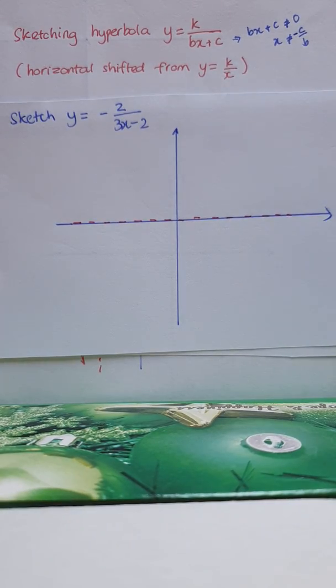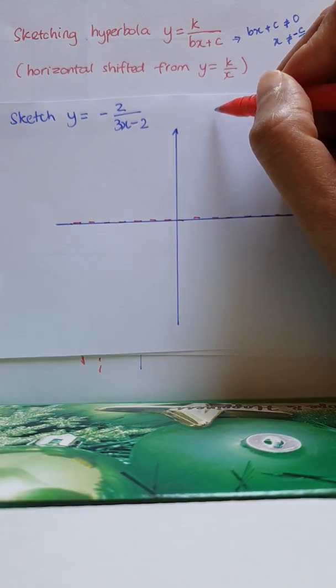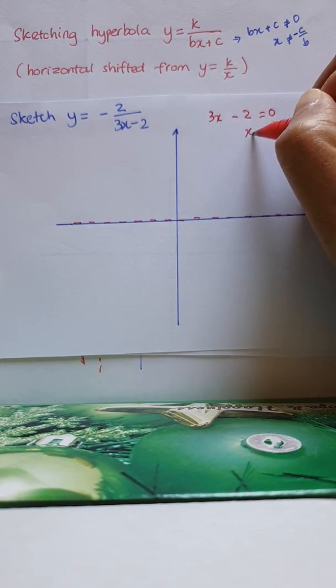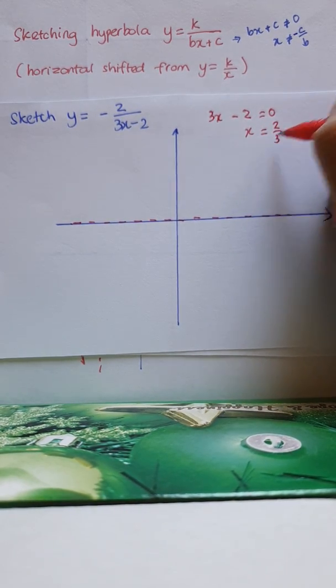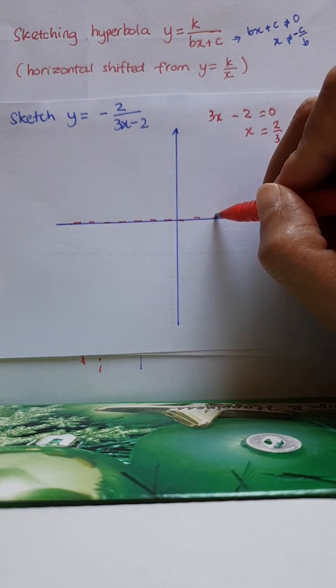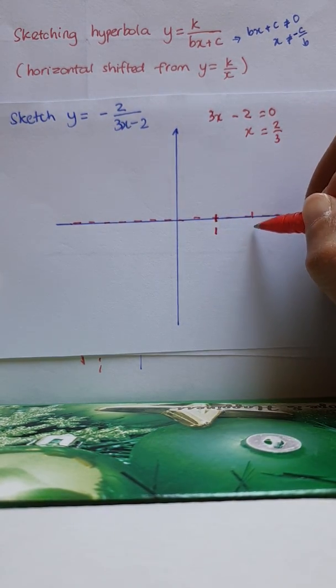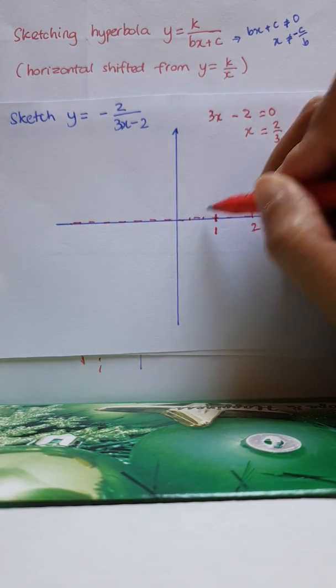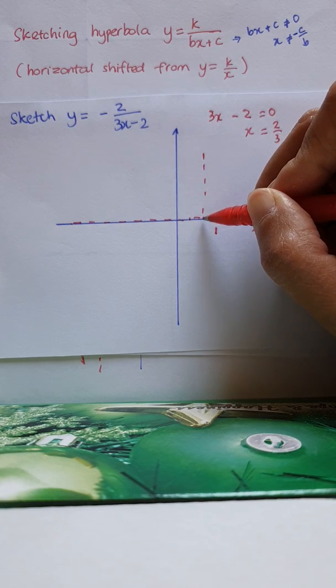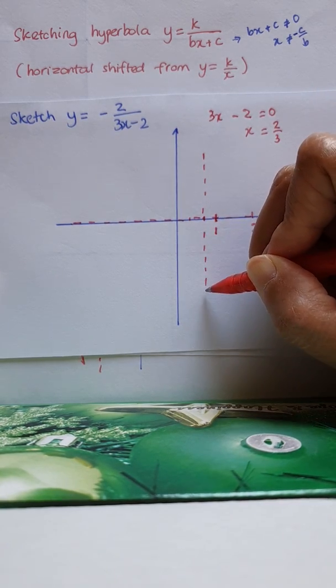To work out vertical asymptotes, solve this equation. So if 3x take away 2 equals 0, x will be 2/3, and that will be our new vertical asymptote. So let's make 1 here, 2 here, so we have some gap to identify 2/3. So 2/3 is around here. That's our vertical asymptote.